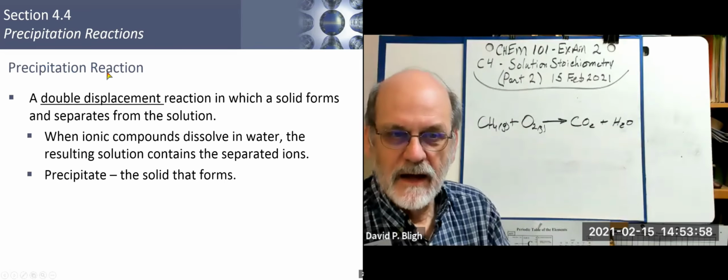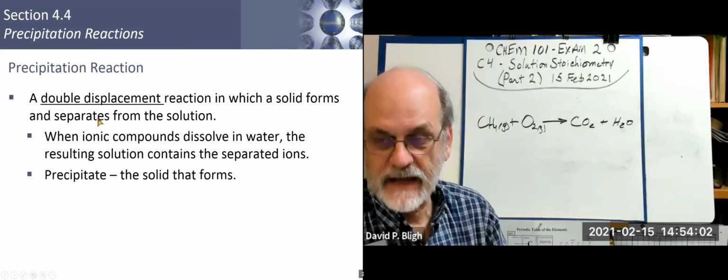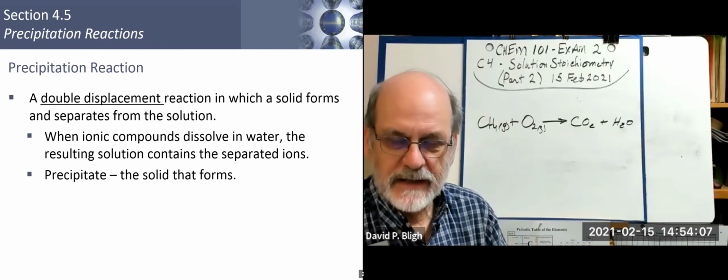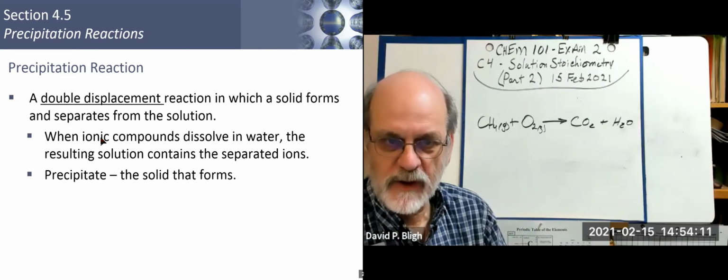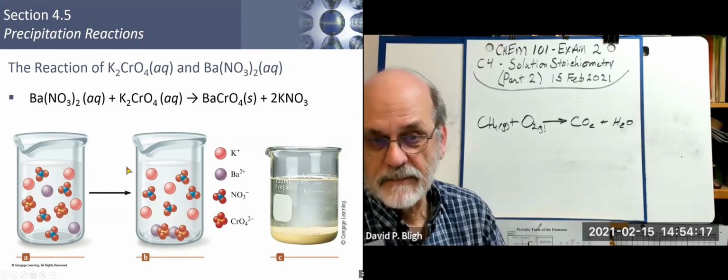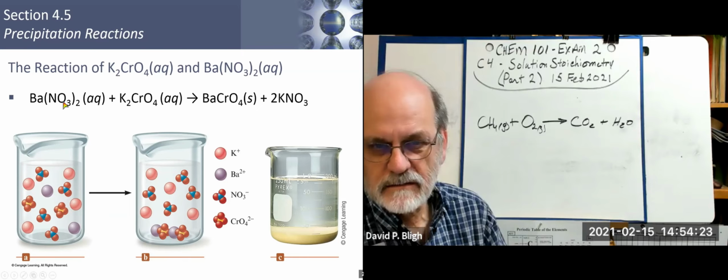Okay. Precipitation reaction is also a double replacement, like I mentioned earlier. If it forms a precipitate, it resulted from a double replacement. This is an example. Right? If you combine barium nitrate.